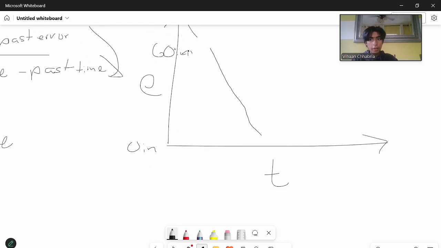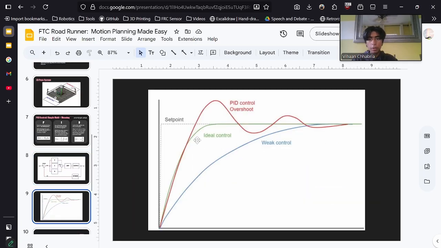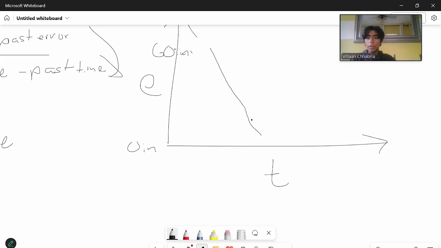So our error is slowly decreasing, and that's different from this graph here, where that's our set point, and on our y-axis we're graphing our current point, our current height.